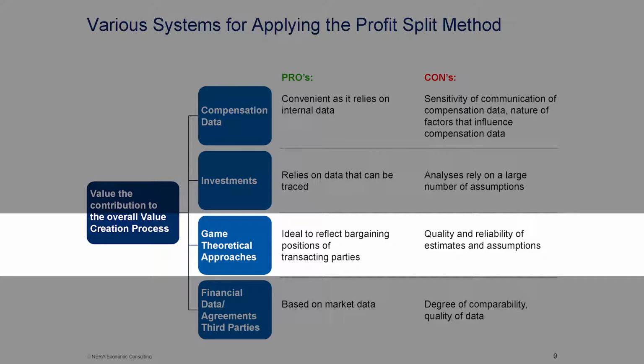The next approach that you would potentially have is game theoretical approaches, or what I would refer to as bargaining theory. What this really entails is setting up a hypothetical bargaining situation where you look at the marginal contribution of the parties to the overall value contribution, and then through a negotiation process you are able to allocate the relative contribution of each of these entities to the marginal benefit gained from the coalition that was formed.